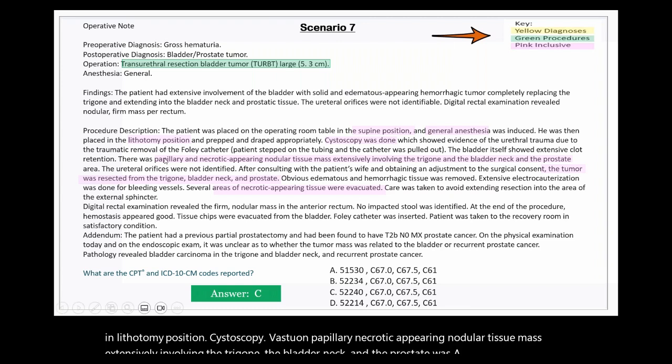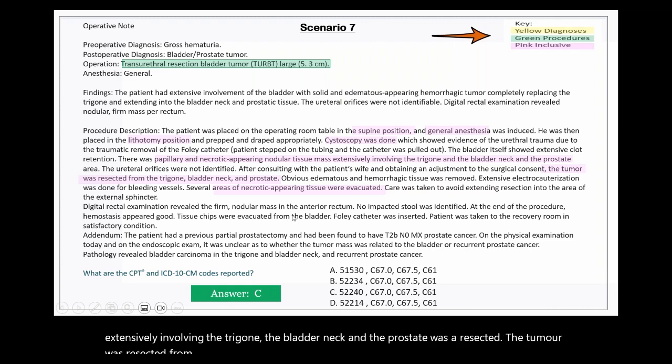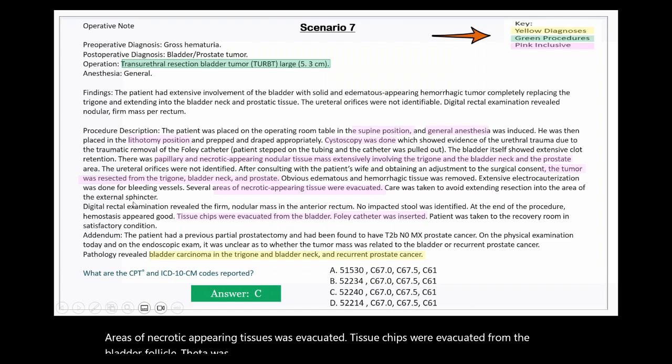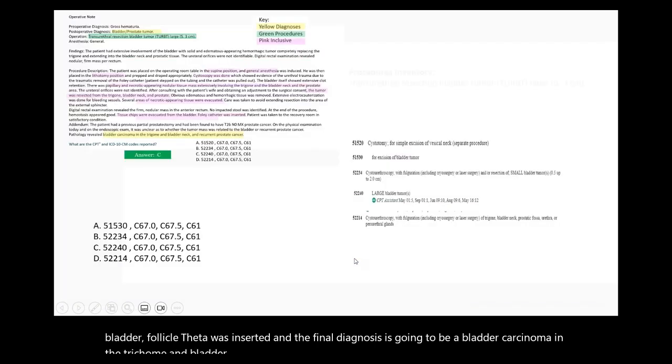The tumor was resected from the trigone, bladder, and prostate. Areas of necrotic appearing tissues were evacuated. Tissue chips were evacuated from the bladder. Foley catheter was inserted, and the final diagnosis is going to be a bladder carcinoma in the trigone and bladder neck and recurrent prostate cancer.